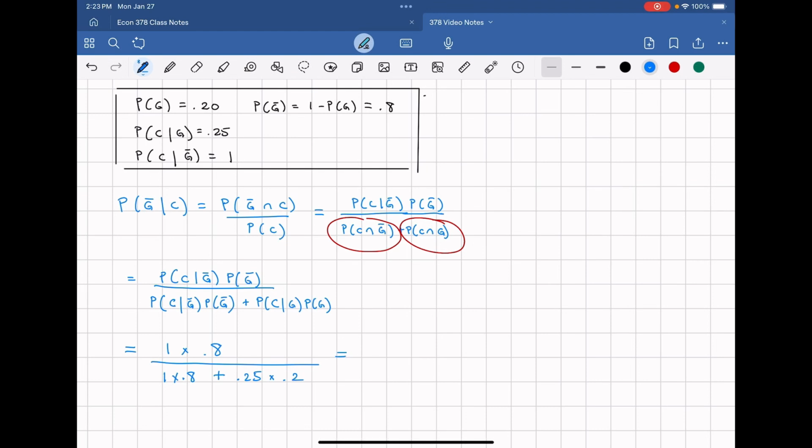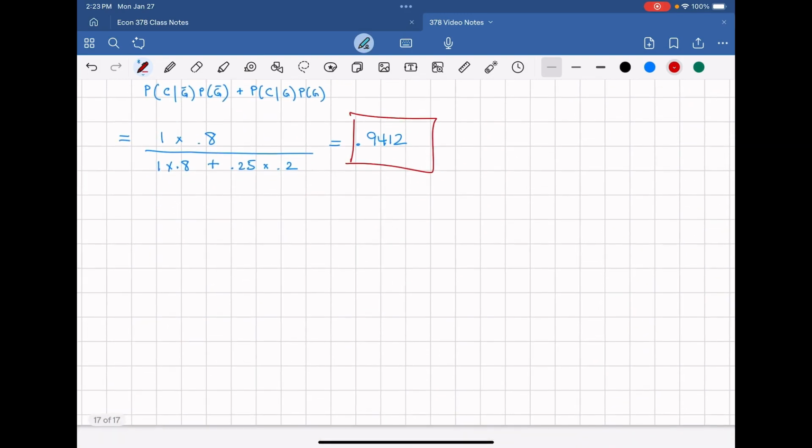And so we just plug that into a calculator, and that is equal to 0.9412. And so that there is our final answer.